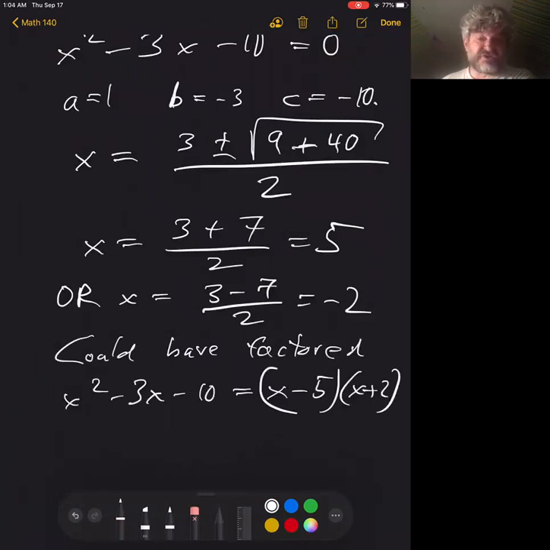And then you can just read off that when x is 5, we have a solution, and when x is -2, we have another solution of this thing being 0. So when it's an easy equation like this, the factoring is worth it. You try that. The trouble is that sometimes the factoring doesn't work and the solutions are just more complicated.